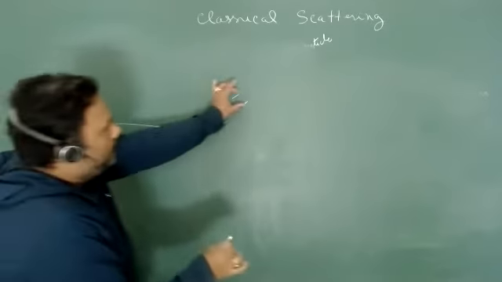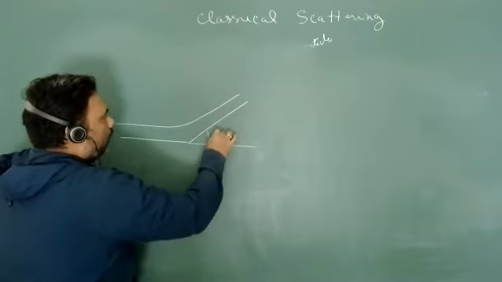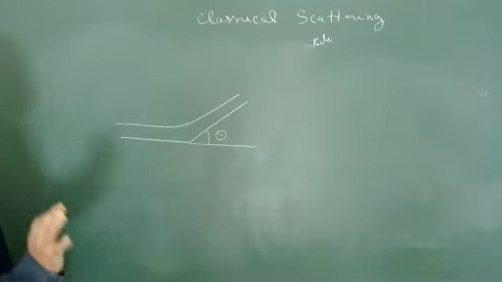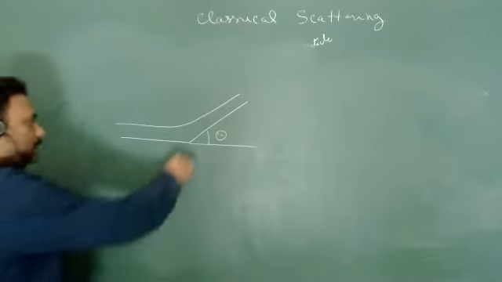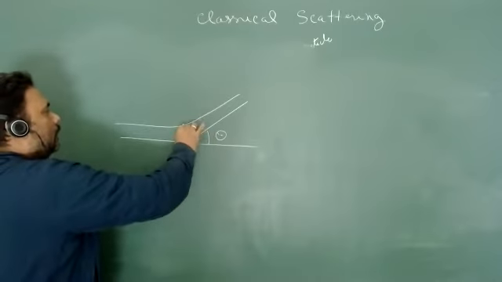This distance is again the same. This angle is my capital theta, which is the scattering angle. So there are a lot of thetas. And this distance is fixed. This is your R minimum.